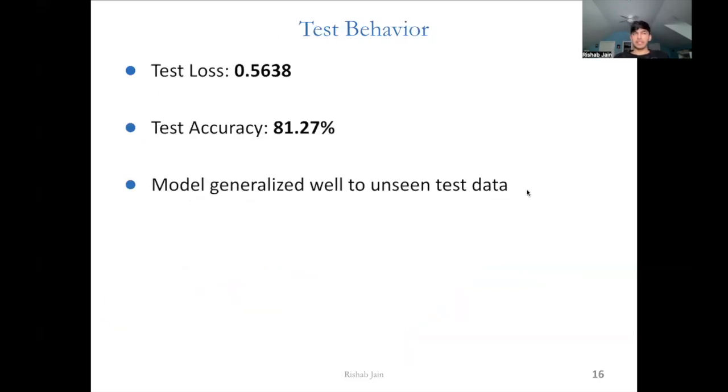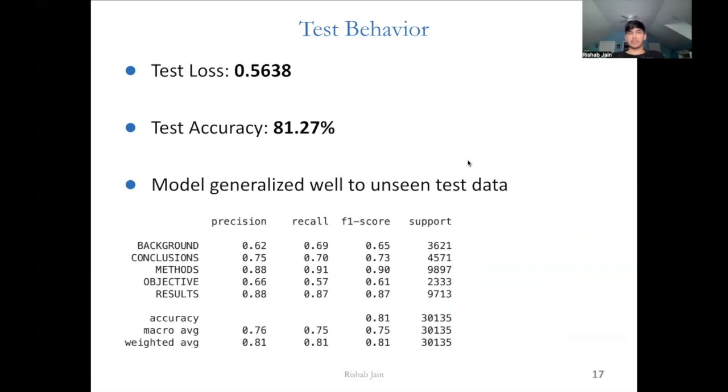On the held-out test set, the model achieved a test accuracy of 81.27% with a test loss of 0.56. The model's performance was strongest on the methods and results sections, which tend to use more standardized and technical language. The background and objective sentences were more challenging due to their semantic similarity.